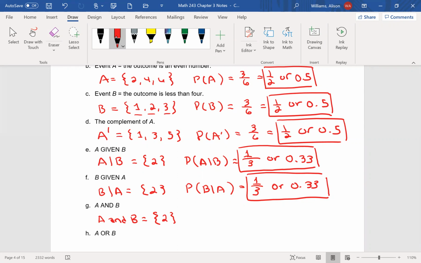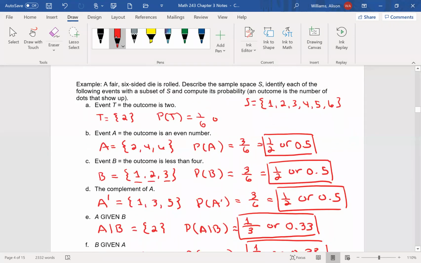So now we're back to looking at our 6 possibilities, 1, 2, 3, 4, 5, 6. And there's 1 out of 6, because 2 is the only chance of that occurring. I realized I didn't put the decimal earlier, so you could write 0.17. That would be the rounded version of that decimal. I didn't do that earlier. So 0.17, put a little box around it.